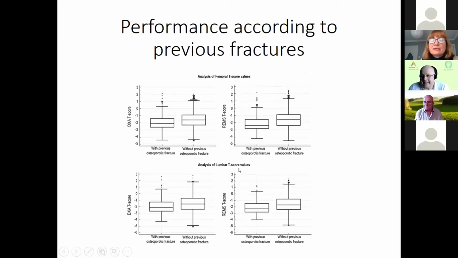This is at the hip, and this is at the spine. For DEXA, as you would expect, those women who reported a previous osteoporotic fracture had lower bone density scores, but you see exactly the same pattern, if anything more pronounced, for REMS at the hip.